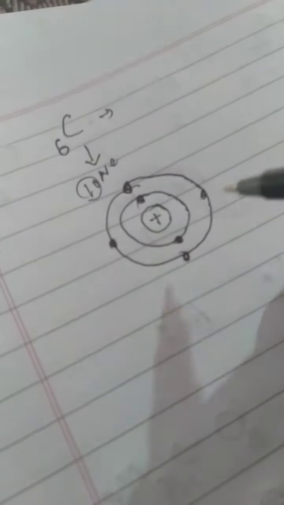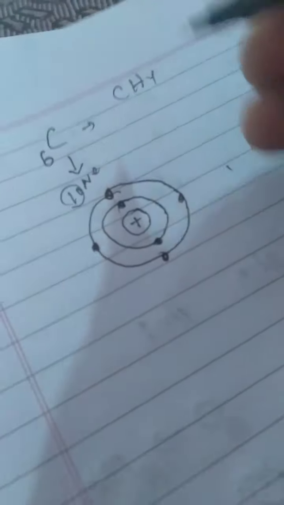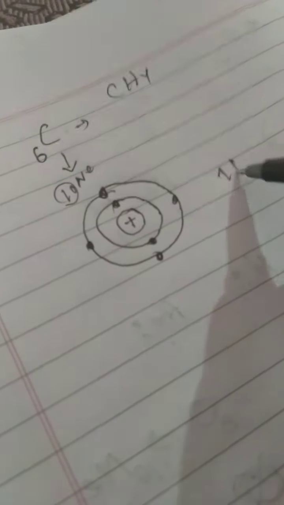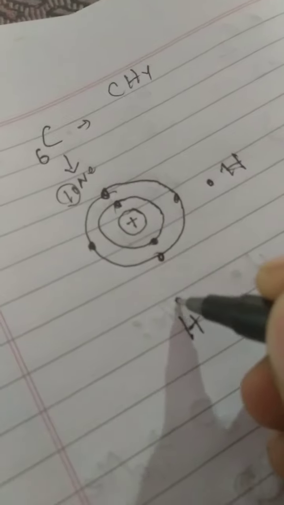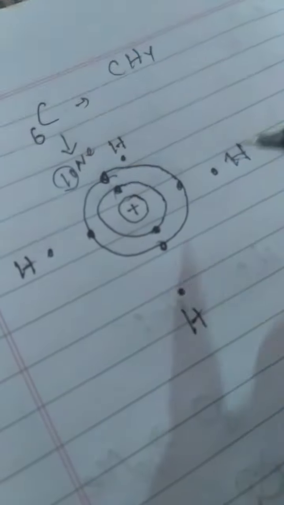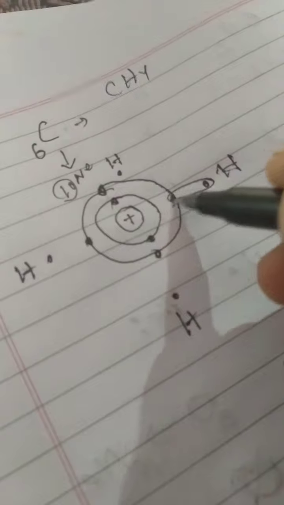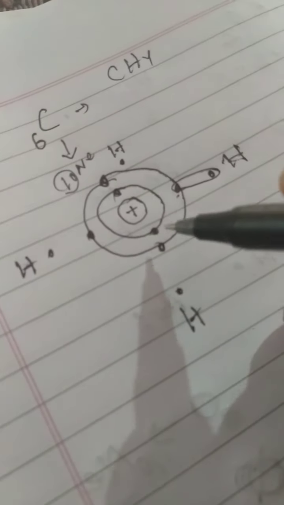So what will it do in methane, CH4? Hydrogen has 1 electron, as I told you just now. Another hydrogen has 1 electron, another hydrogen has 1 electron, and another hydrogen, which I am drawing here, has 1 electron. First it will share with this electron. Now count the number of electrons: from 6 it has changed to 7.